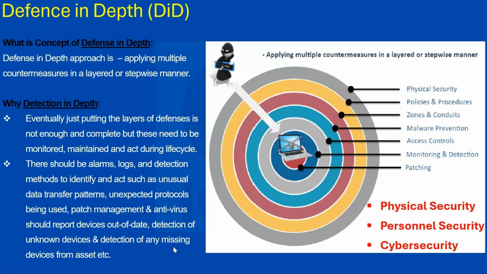Then of course access control. When it comes to access control, we have of course the physical access, but also logical access control. There are other types of protections. Monitoring and detection is another thing. There are IDS, IPS, and all those things which get deployed at the respective layers.